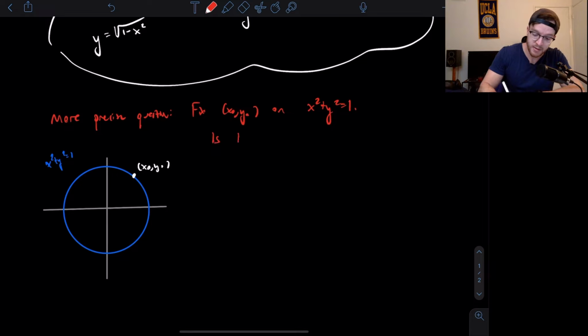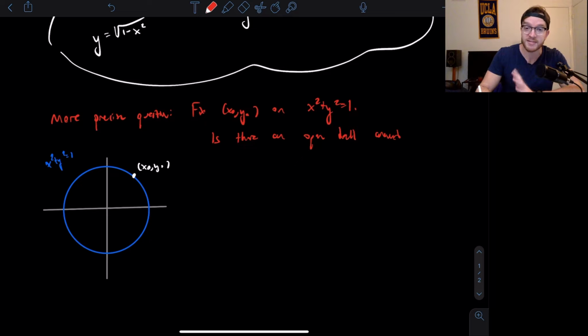Is there an open ball around x naught in R? Such that, so first of all, what do I mean by that? At this point, I could drop down to my x coordinate here. So this is the value x naught.